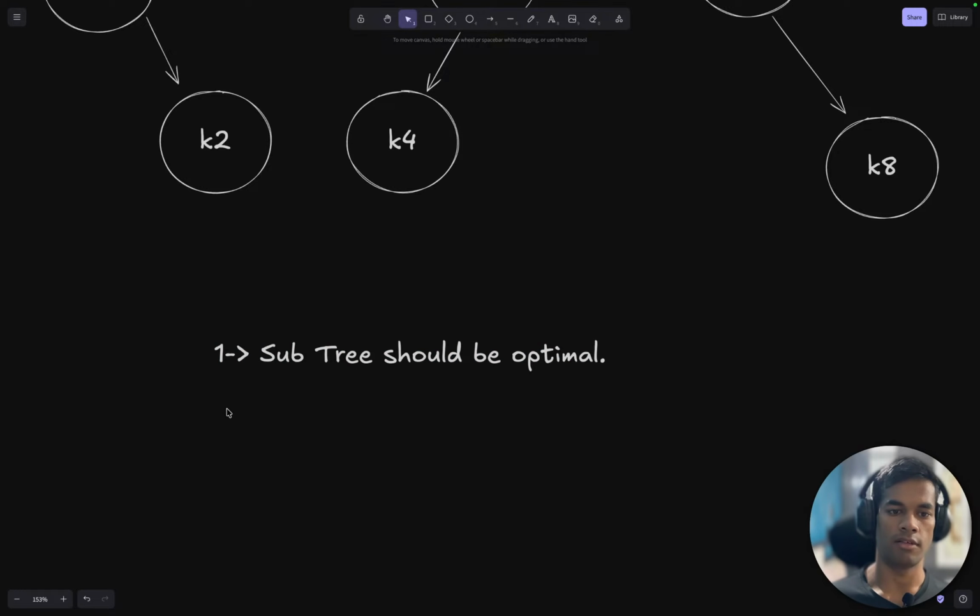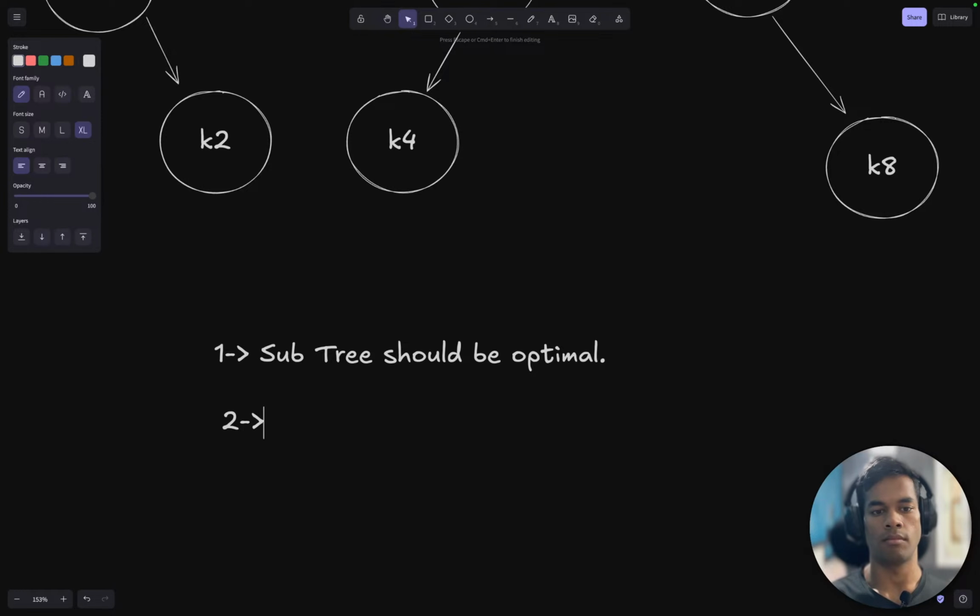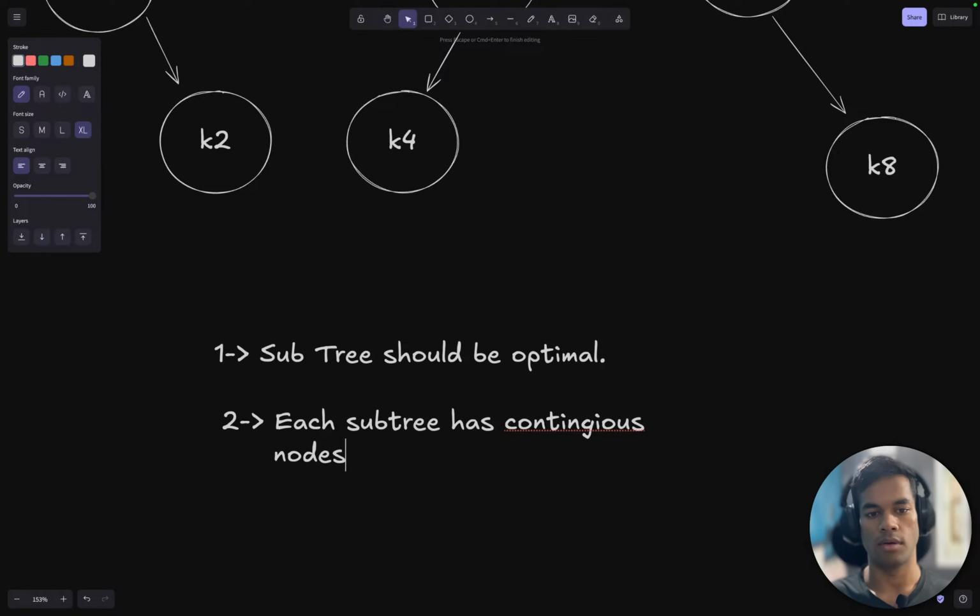And second, each subtree has contiguous keys, ki till kj.